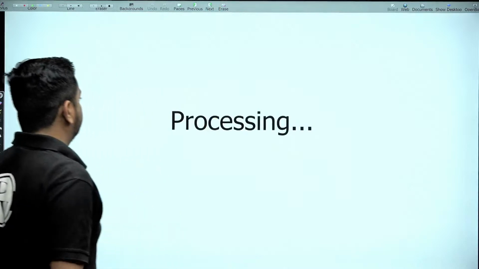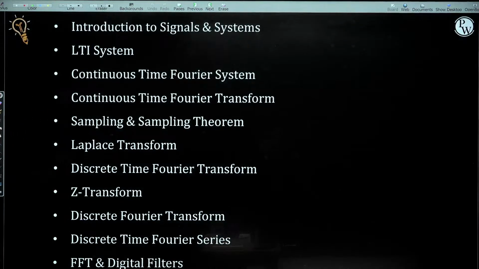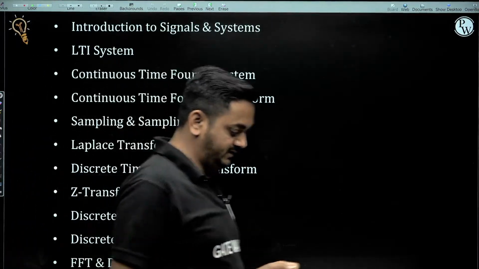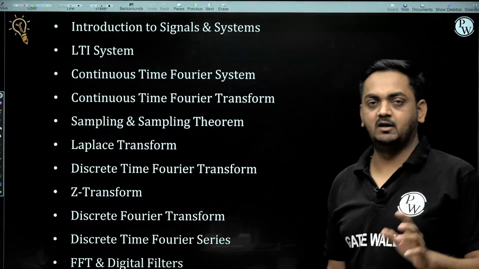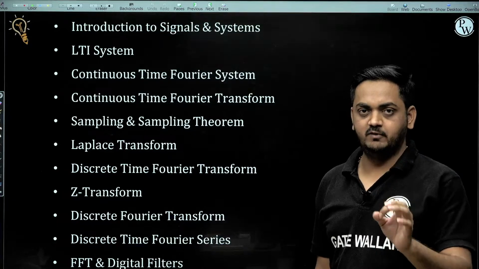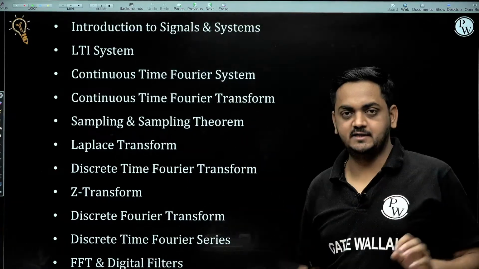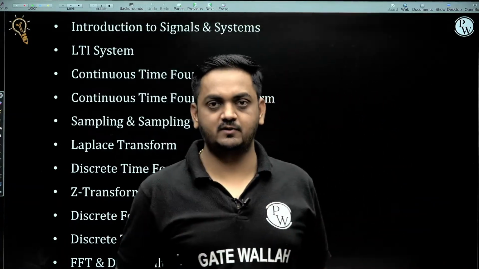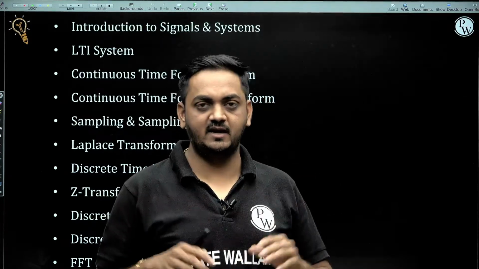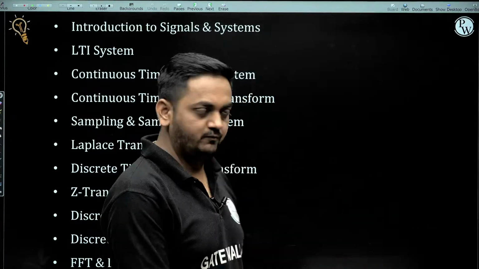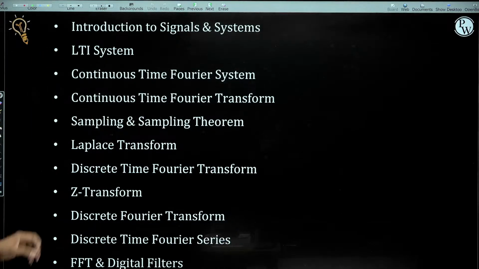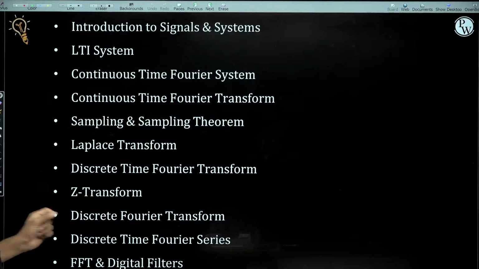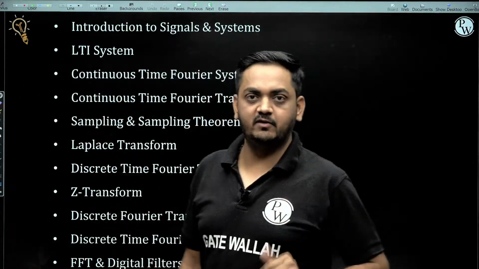Now next, this is the complete syllabus in chapter format. Chapter number 1: first of all, we will study introduction to signals and system. These are the chapters of the entire syllabus. Then we will study LTI systems, where LTI stands for linear time invariant system.